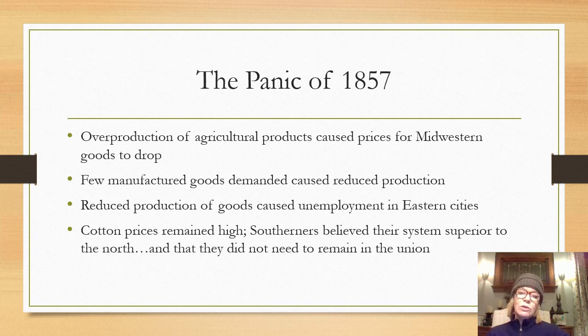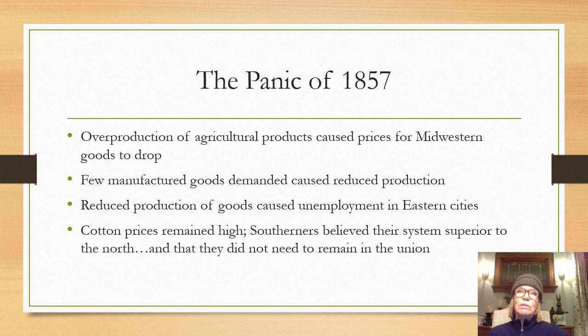So the farmers can't sell their crops, and they forfeit on their loans. They're not buying products from the East Coast, and so they stop production of products in the East. Manufacturing plants shut down, and that leads to unemployment in the cities.